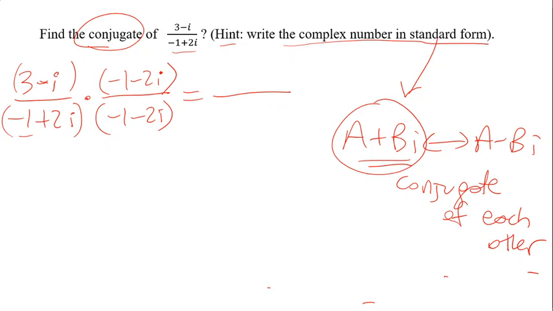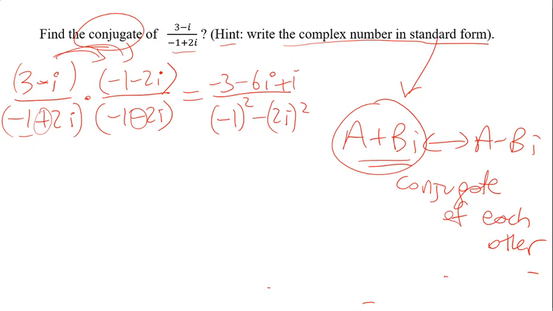Since we have a plus and minus, this is automatically (-1) squared minus (2I) squared. And if you do this multiplication, you will get negative 3, and then negative 6I plus I, and then plus 2I squared.